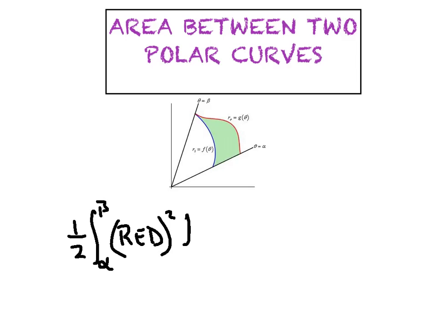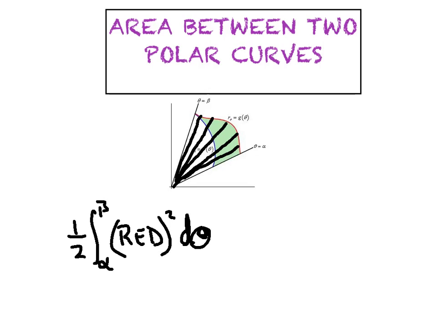Okay, that integral alone represents everything inside that red curve, from the pole all the way to the red curve. So we've got these wiper blades rotating counterclockwise, and they're gobbling up chunks of area all the way across.